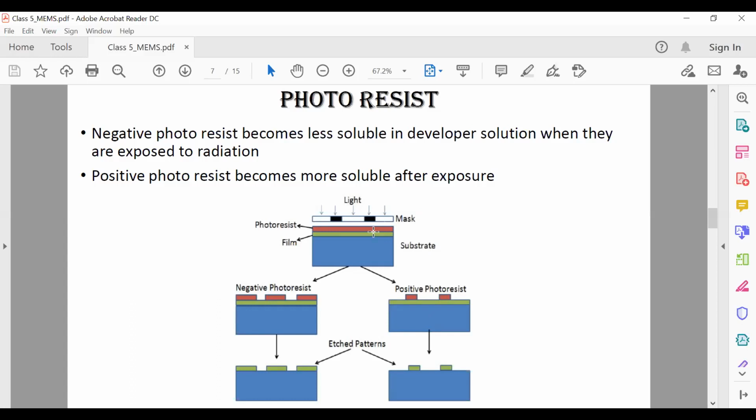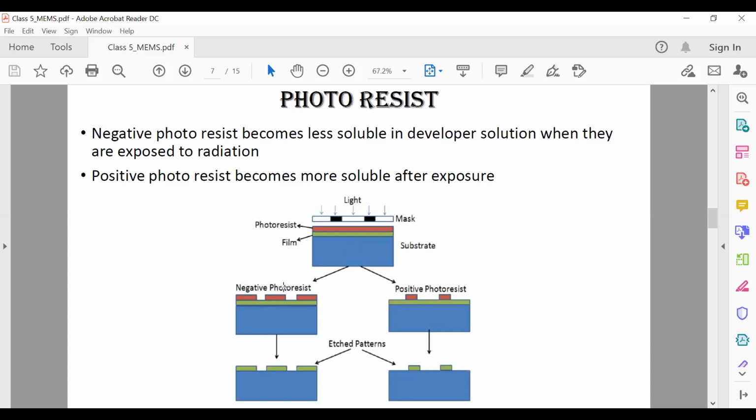This is the photoresist. This is the thin film which is deposited onto this substrate. This is the silicon, and this is the thin film. The transfer of this mask pattern can be implemented using positive photoresist or negative photoresist.